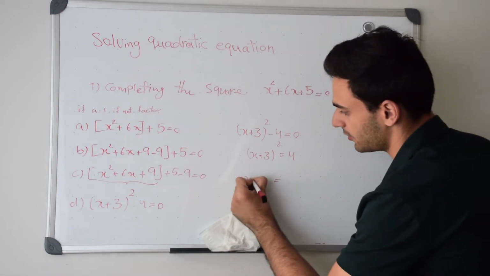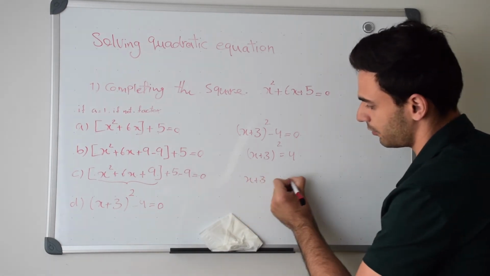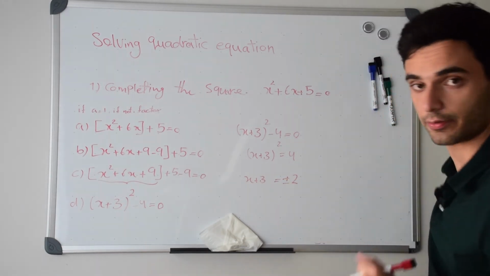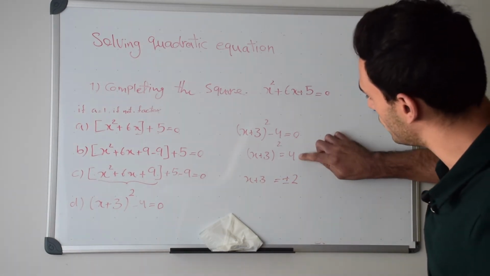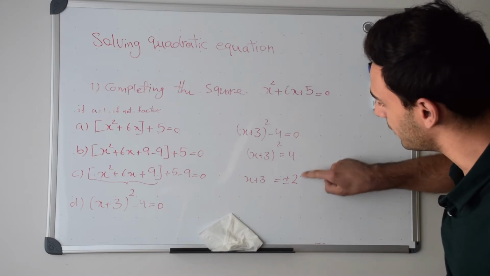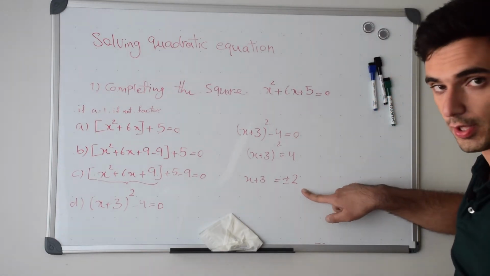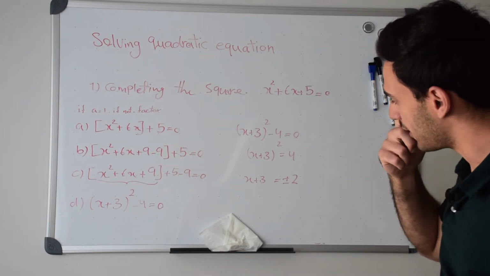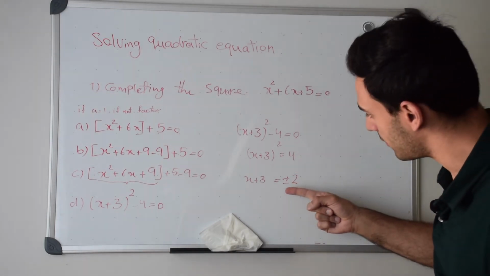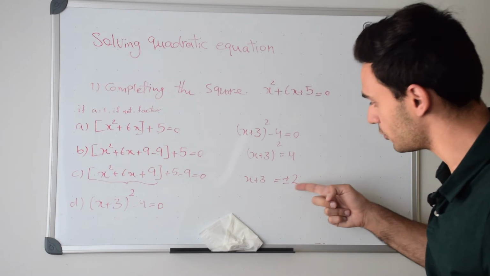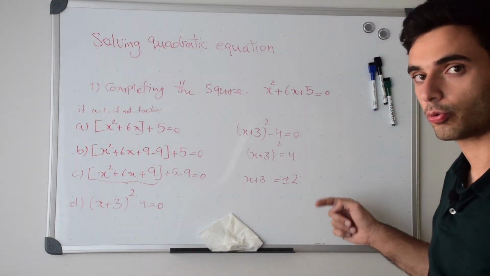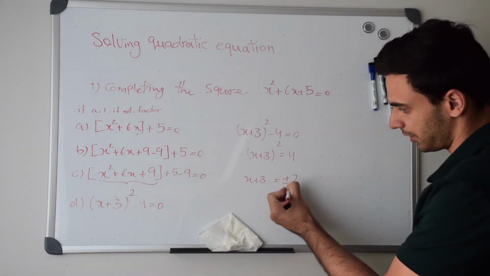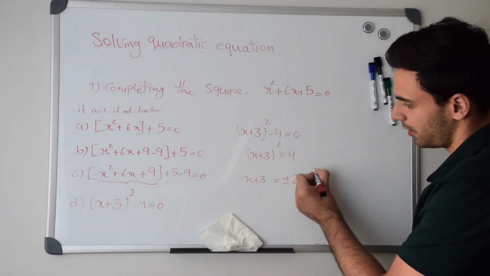So I have x plus 3 equals plus or minus 2. This is important. When I take the square root, I'll have plus or minus 2. Why is that? Because this 4 can be made by multiplying minus 2 by minus 2, or plus 2 by plus 2. Right? So I have plus or minus 2.